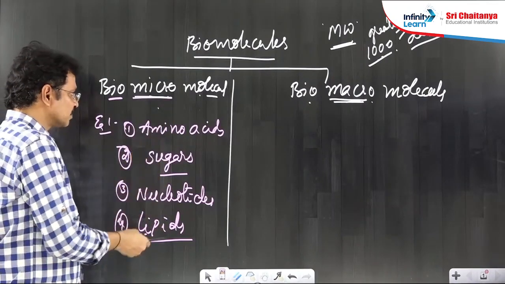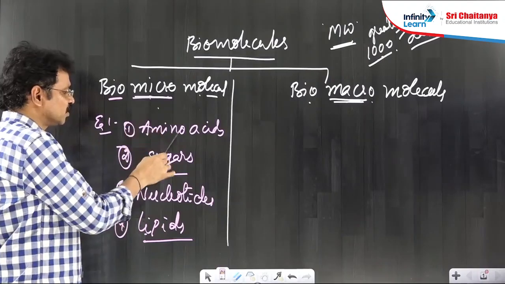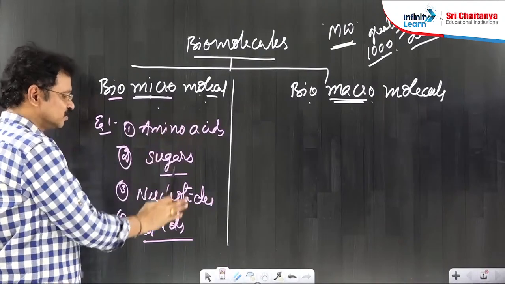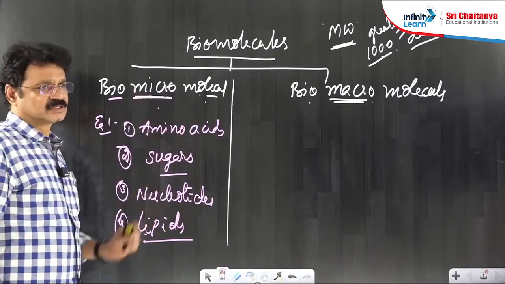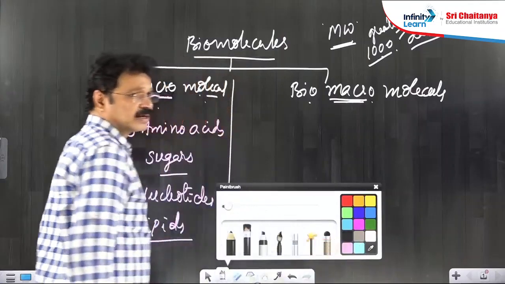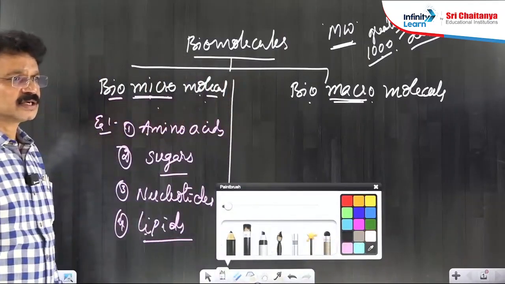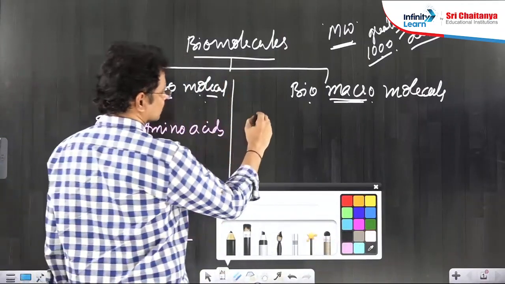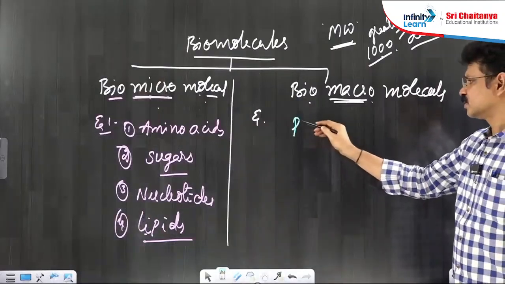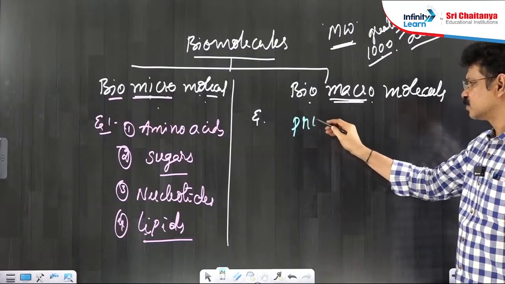Why are all these placed under this category? Because their molecular weight is less than 1000 Daltons. It is the simplest reason. Now examples for macromolecules. Protein, nothing but a polypeptide chain.